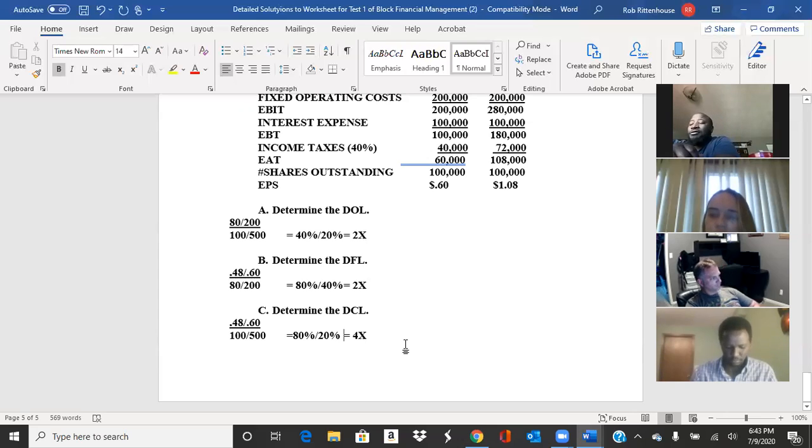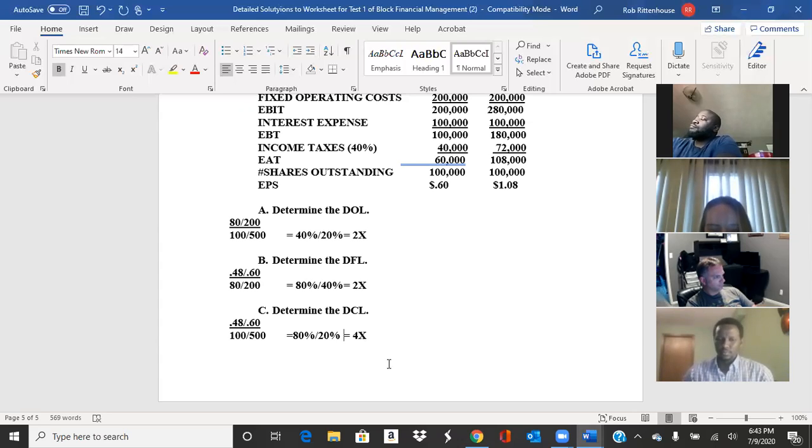So in this case, we'd say, well, when sales are going up, that works out pretty good for this company, because whatever percent your sales increase, it looks like earnings per share are going to increase by 4 times that rate. Well, yeah, that's great if sales are going up.